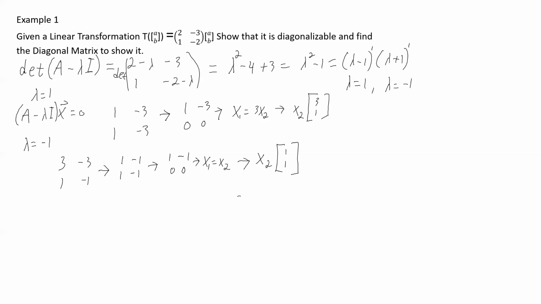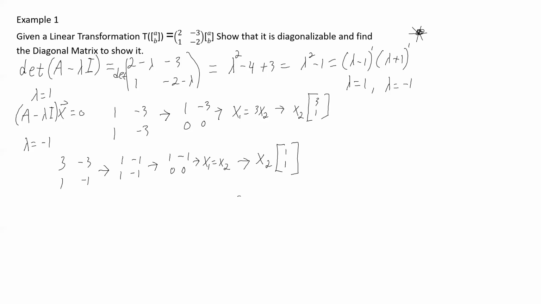One thing to note about the multiplicity here is that there are two eigenvalues of multiplicity 1, and those add up to 2, which is the same as the dimension of our matrix.